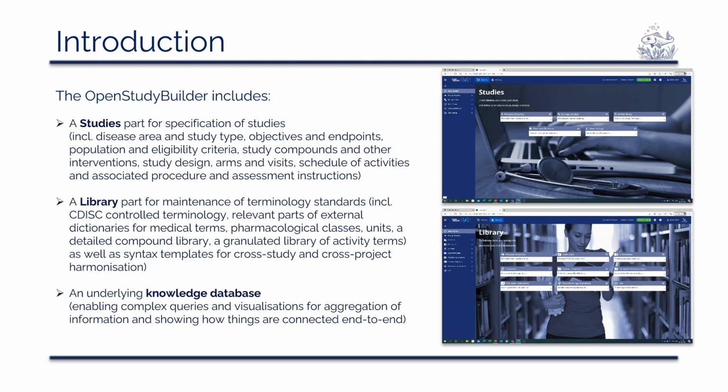And in the background, you have an underlying knowledge graph database, which is extremely important because this linking enables complex queries and visualizations. And as everything is connected, you really have this connected end-to-end opportunity.